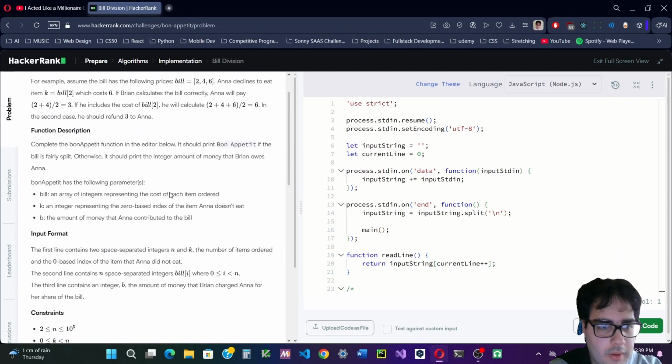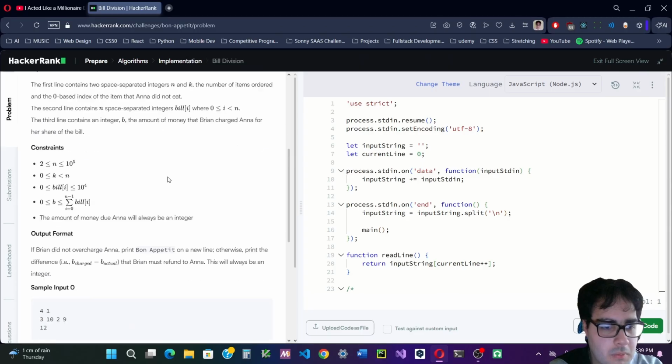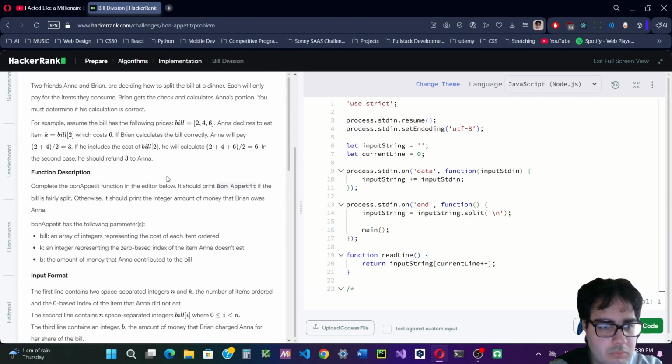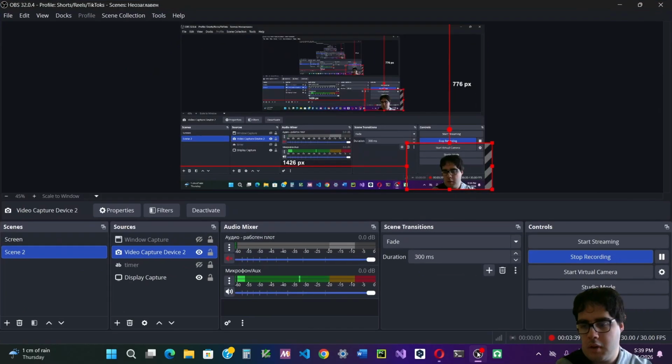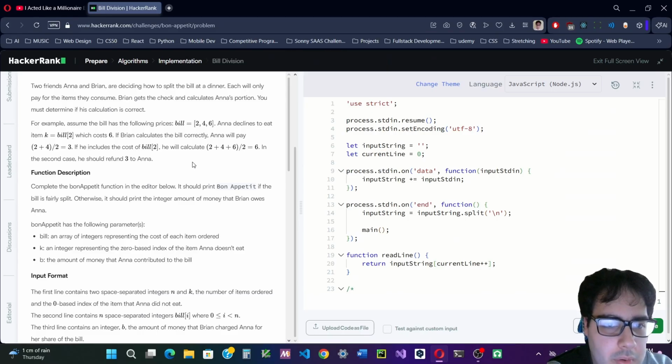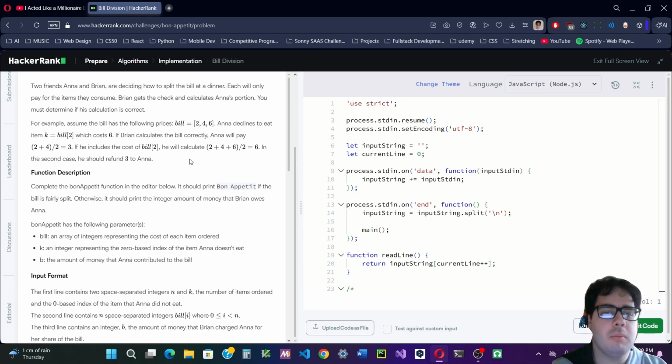Bro, what is this long ass statement, bro? My bad. Two friends, Anna and Brian, are deciding how to split the bill at a dinner. Each will only pay for the items they consume. Brian gets the check and calculates Anna's portion.